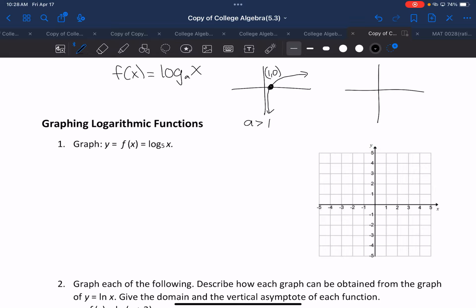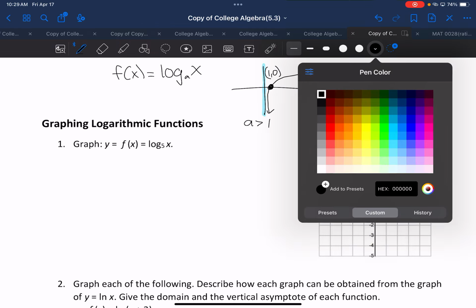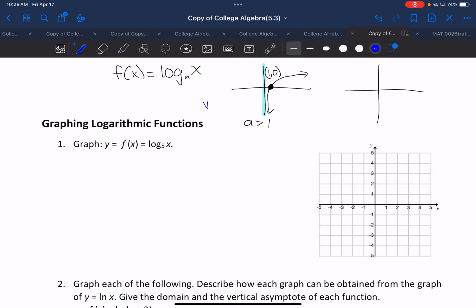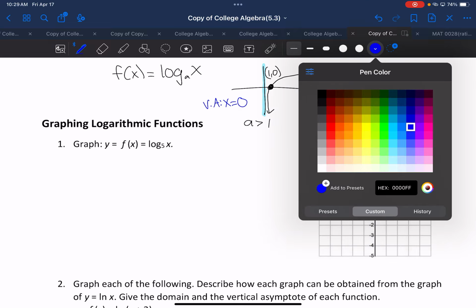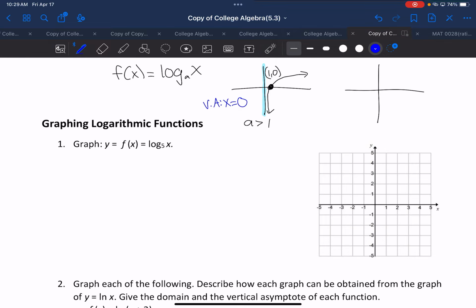For our exponential functions, our graph had a horizontal asymptote at y equals 0, remember? Well, these will have a vertical asymptote at x equals 0. That'll always be true for the base graph, and it'll never cross that vertical line.